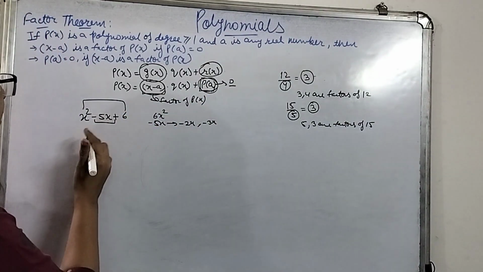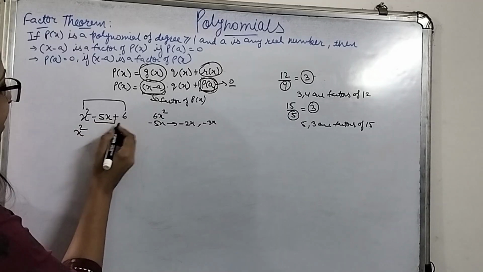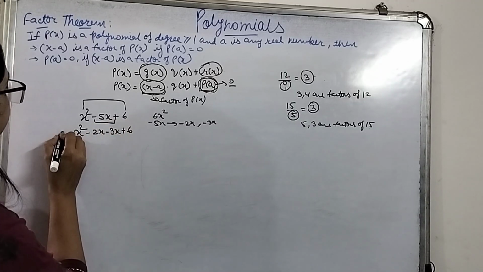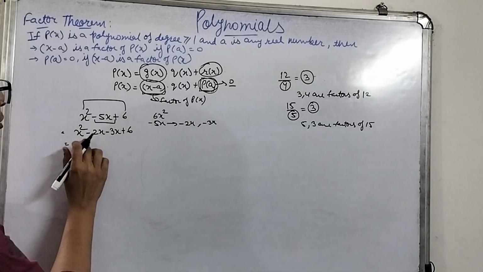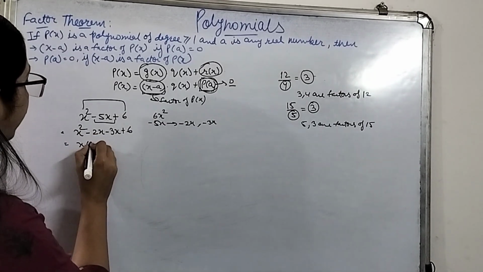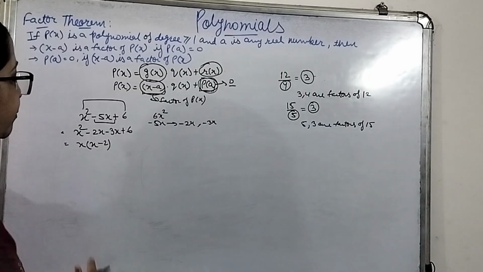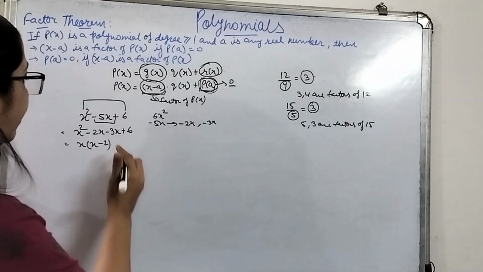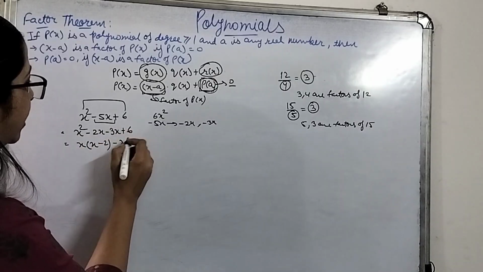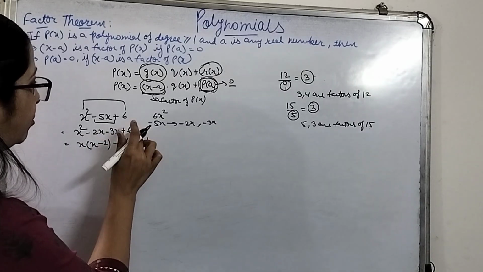So we write x square minus 5x as minus 2x minus 3x plus 6. Now from the first two terms we take common x, and the remaining will be x minus 2. From the last two terms we take minus 3 common, and the remaining will be x. Here minus 3 multiplied by minus 2 will be plus 6.